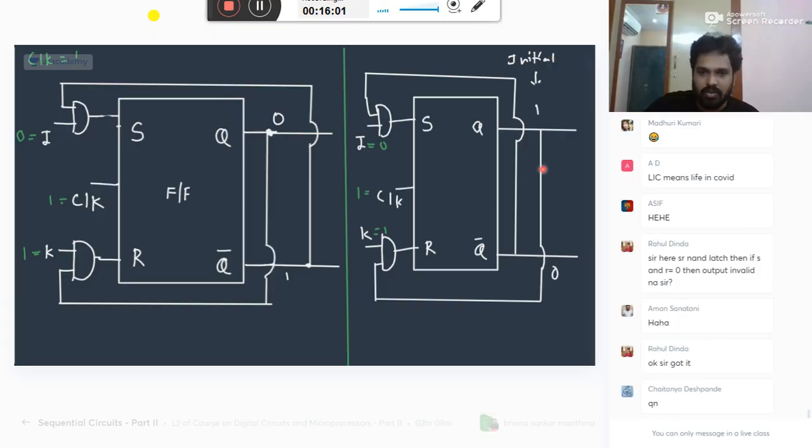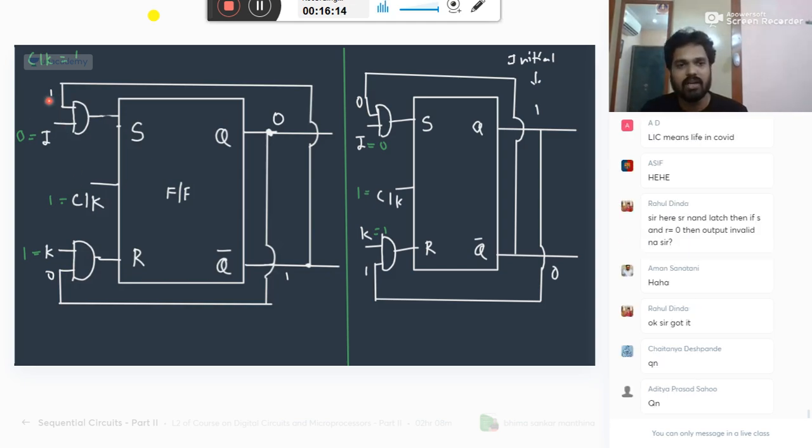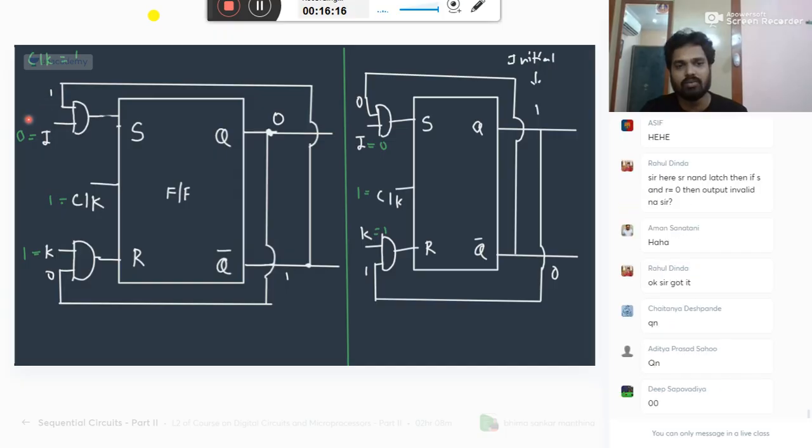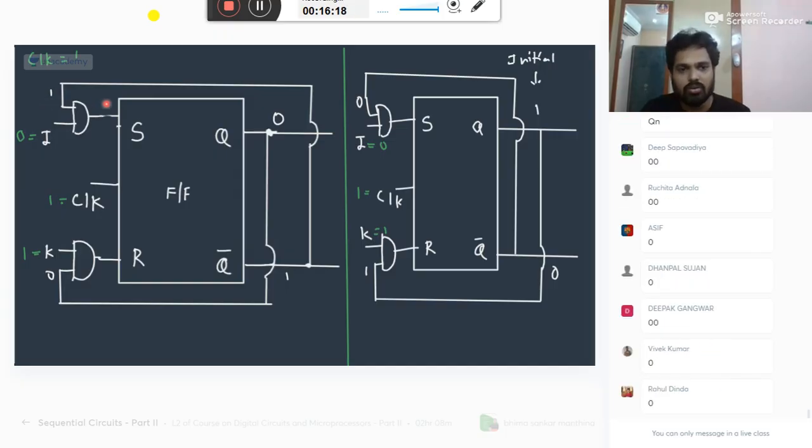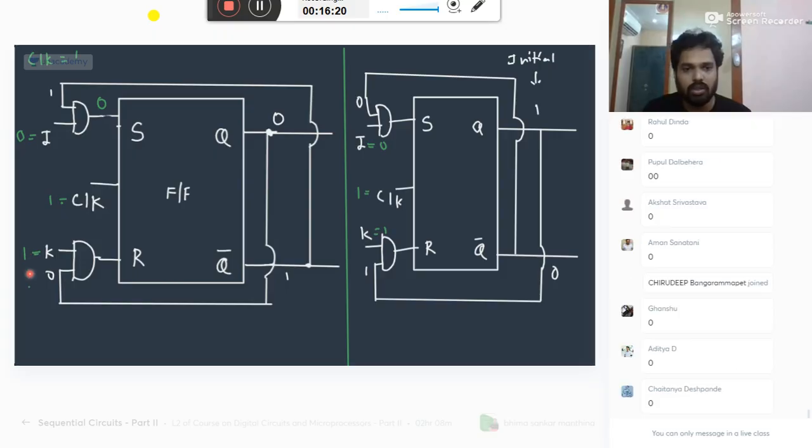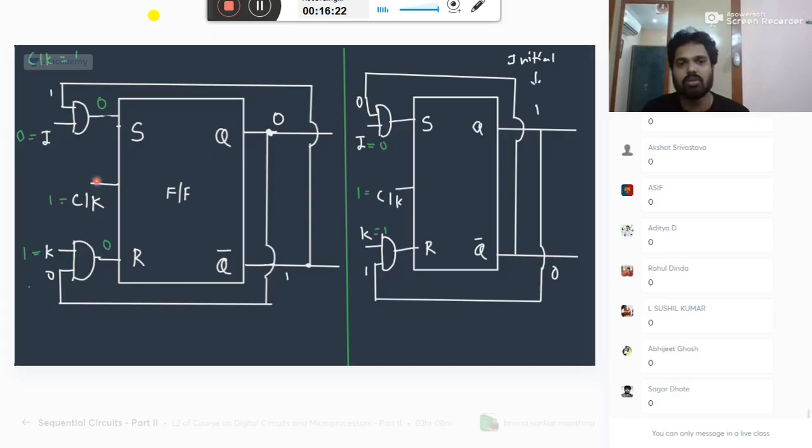Now this 1 will come here. This 0 will come here. Just wait. This 0 will come here. This 1 will come here. Now tell me, what is the AND gate output? First, one by one. 1 into 0, what is the answer? 0. If both are 0, no change.